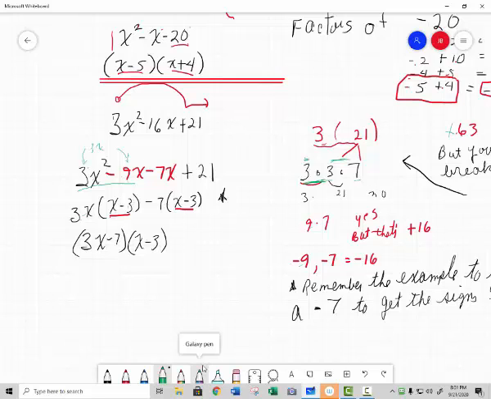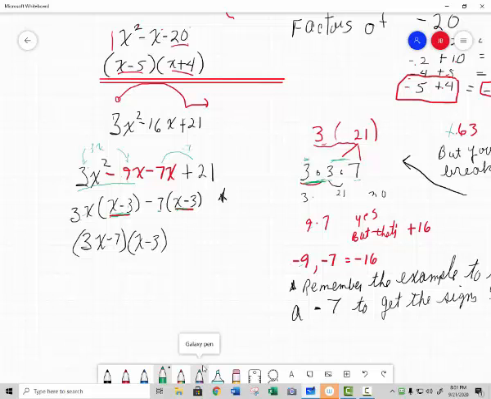Now remember, I told you to pay attention to factoring out a negative. If I take a negative 7 out of here, there's a negative 7 in both of these, then I can have x minus 3, and now both of these are the same. And I can factor the x minus 3 out and have x minus 3 times 3x minus 7.